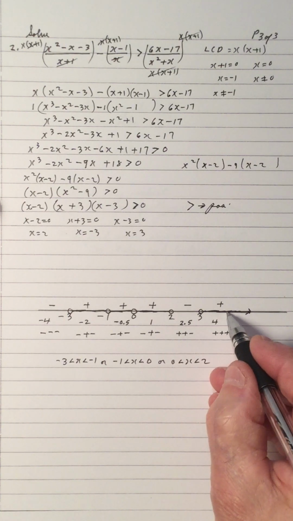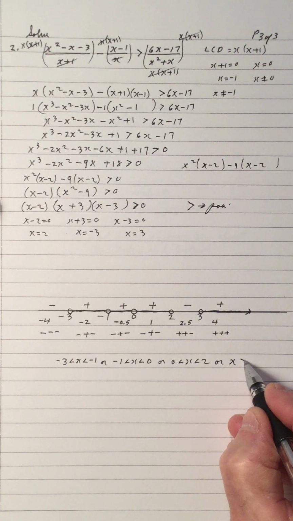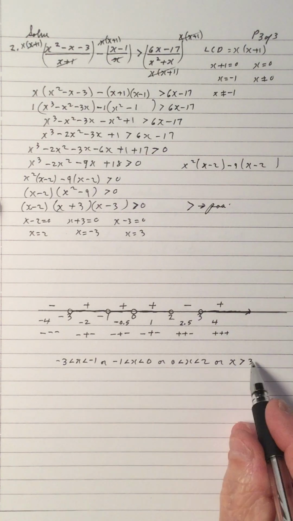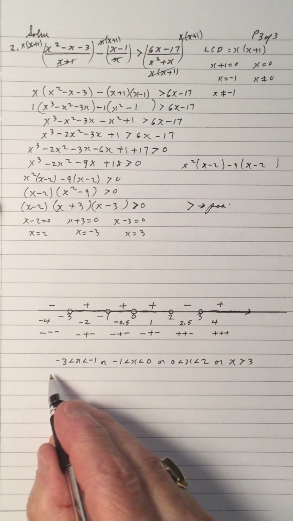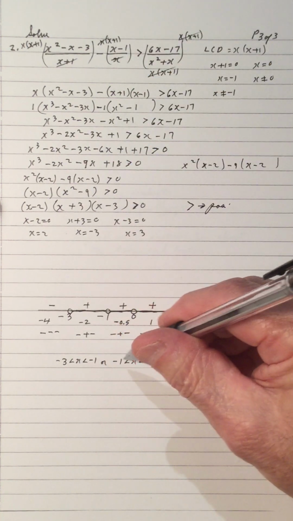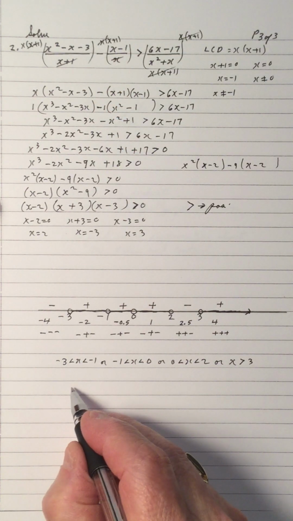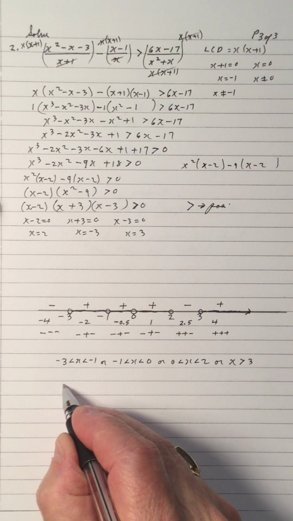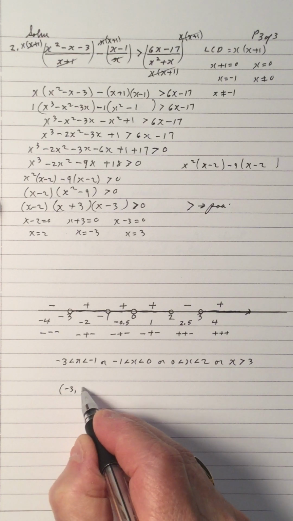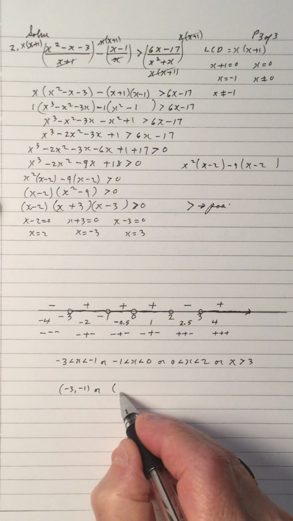And we have this one, x is greater than 3. Notice there's no equal signs. So these are the values of x that make this true; any value of x that fits in these will make this true. Another way to state that is open, negative 3, comma, negative 1, open.